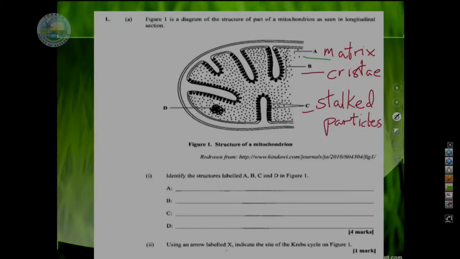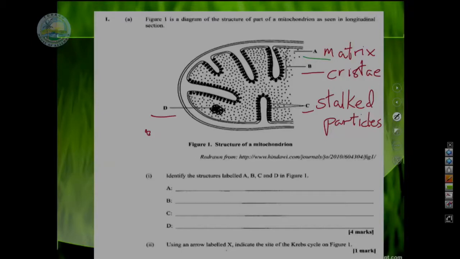It's not quite as easy as it looks, right? D, as you will know, the mitochondria, remember it was once a free living organism, so it has its circular DNA. So you will put there circular DNA. So these would have been identified.